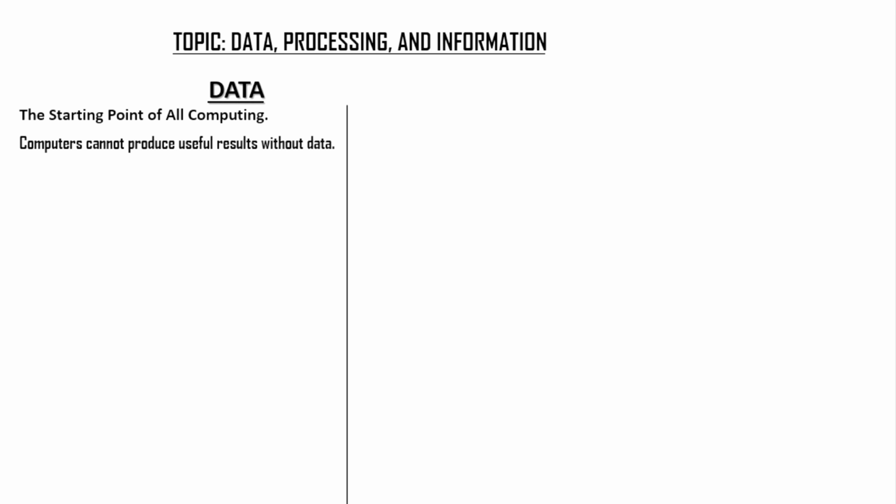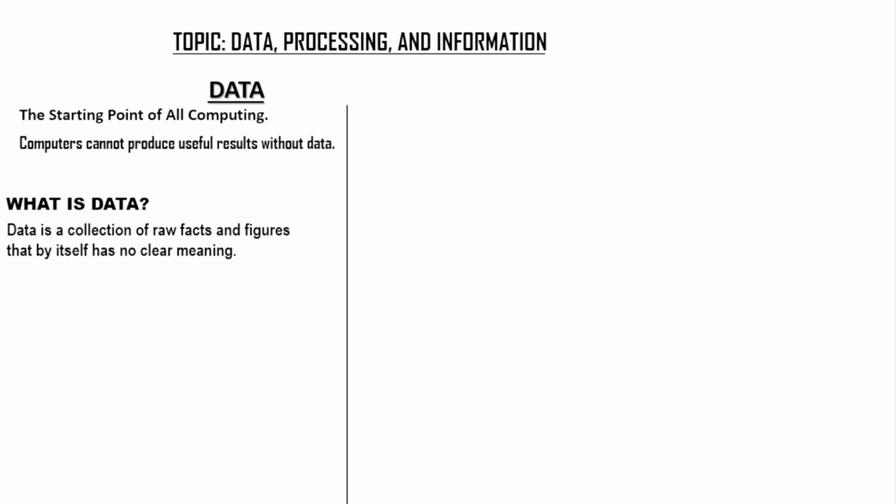Every modern system you use today, banks, hospitals, smartphones, websites, etc., all of them begin with data. So what is data? Data is a collection of raw facts and figures that by itself has no clear meaning.